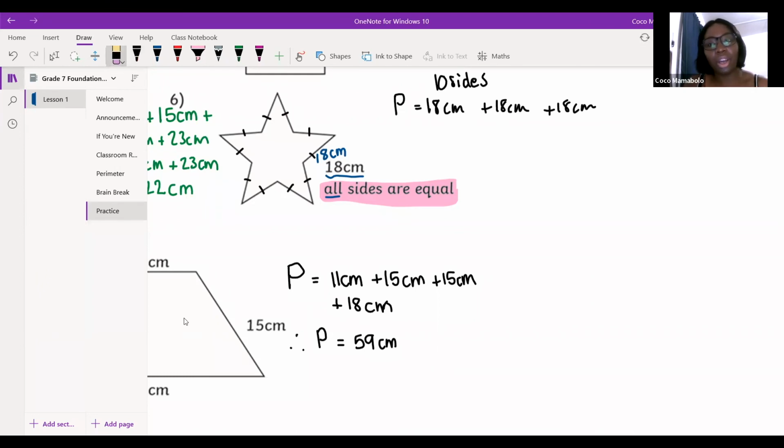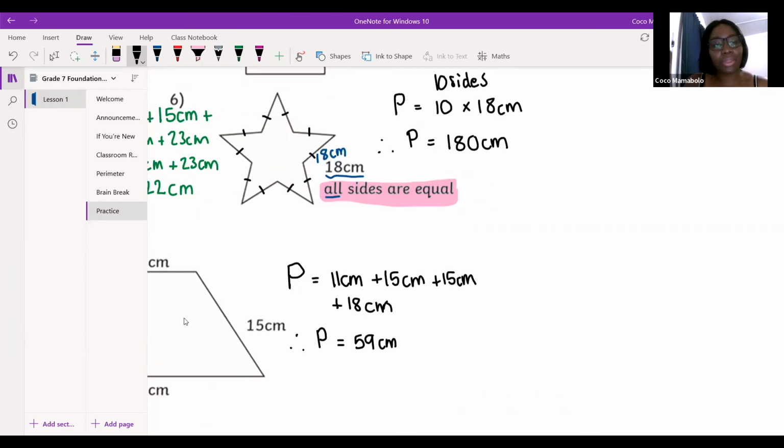I know that I have 10 sides that are exactly the same. So I can say that I have 10 sides of 18 centimeters, and I can just multiply 10 by 18 centimeters. Therefore, P is equal to 10 times 18, which is 180 centimeters.